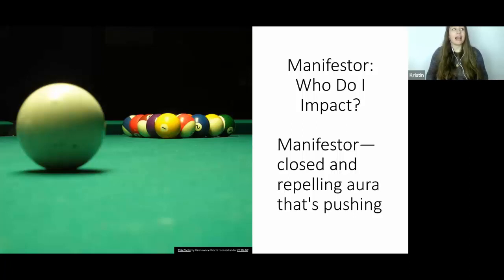The manifestor has a ball of energy, and whenever you come up to the manifestor, its aura is closed. You don't make an impact on the manifestor. It actually pushes you and repels you, and it makes an impact. And so the manifestor's aura is asking, who do I impact?